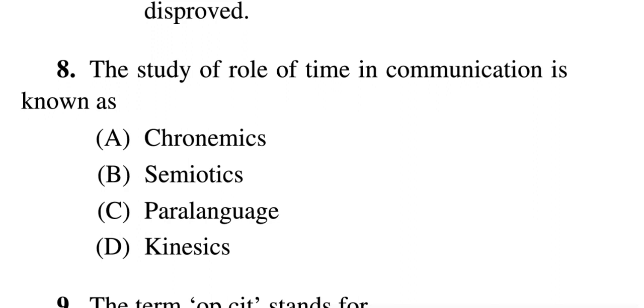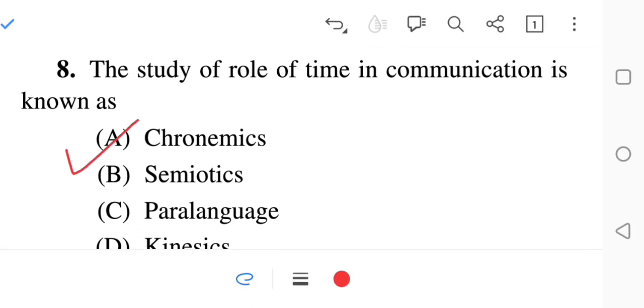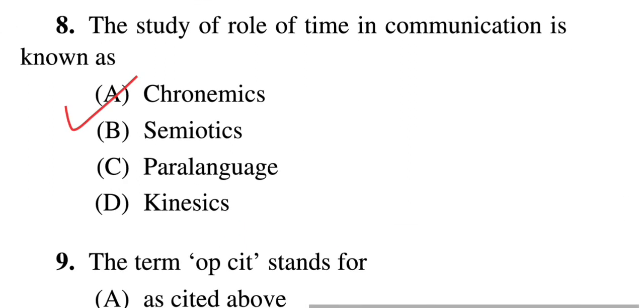What will be the correct one? Correct option is chronemics. Chronemics is the study of role of time in communication. Okay, and the rest, these are also important. Do your own research to know more about it, so that if any question comes in future, you will be able to answer it.